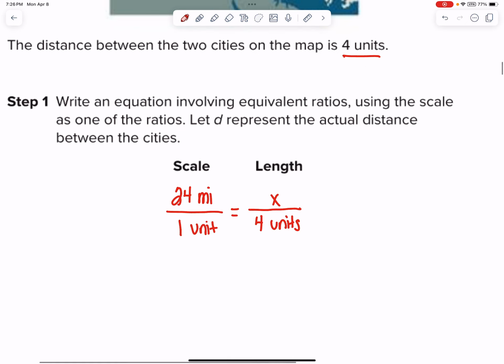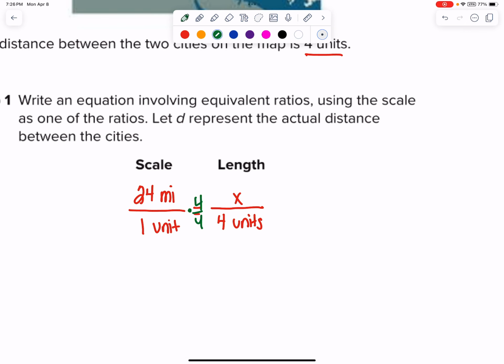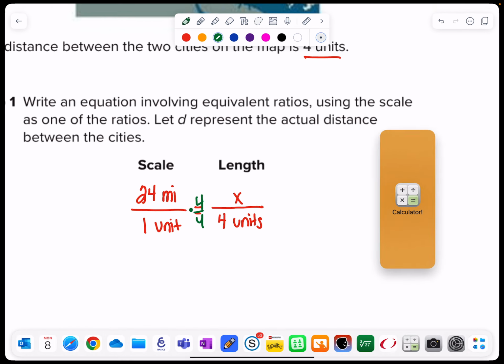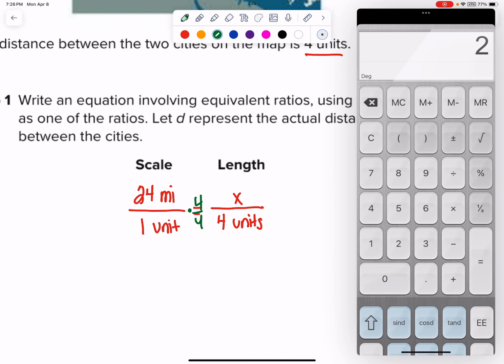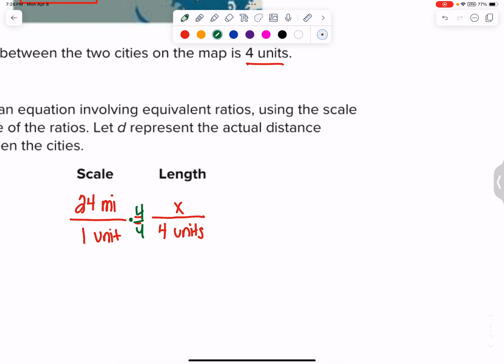Now, anytime we're dealing with unit rates, remember, out of 1, it's really easy to find the multiplier. We're just multiplying times 4 over 4, and we're going to easily get our X value here. We don't have to cross multiply for this one because it's a nice and easy multiplier. So 24 times 4 is 96, and make sure you include your labels.